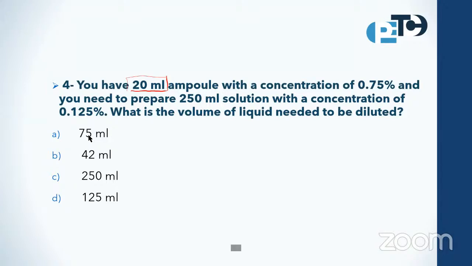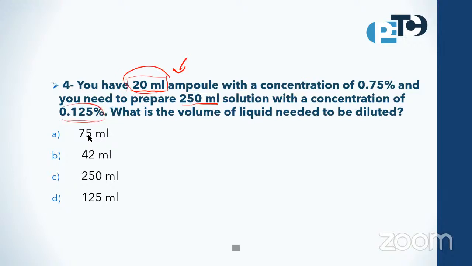We need to prepare 250 milliliters of solution with a concentration of 0.125%. What is the volume of liquid needed from this ampoule? Finally, we need to know how many milliliters can be taken from this type of ampoule to prepare the new concentration.